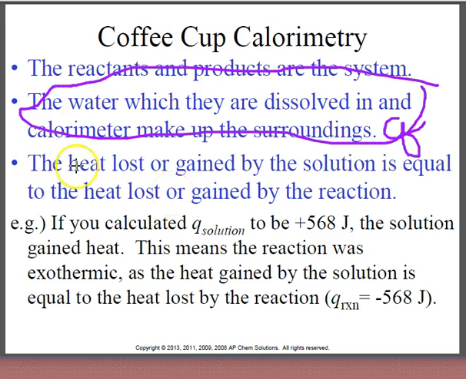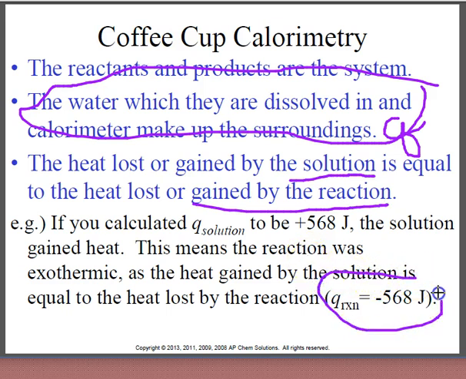However, the heat that is lost or gained by the solution is equal to the heat lost or gained by the reaction, but it's going to be opposite in sign. So when we find that the solution, let's say, gained 568 joules of heat, that means the reaction must have lost that heat. So when we calculate Q for the solution, to find Q for the reaction is simple.